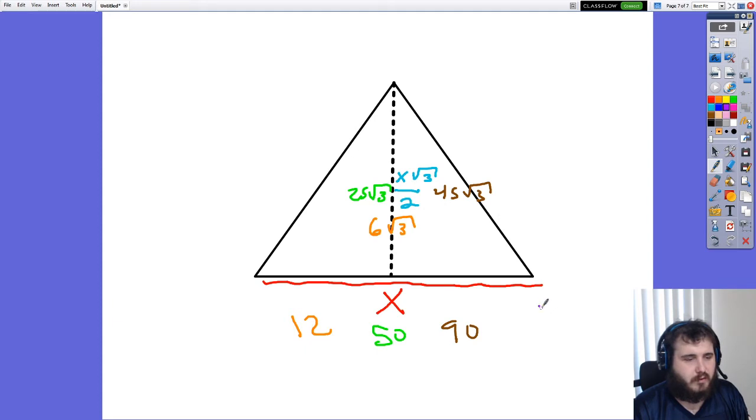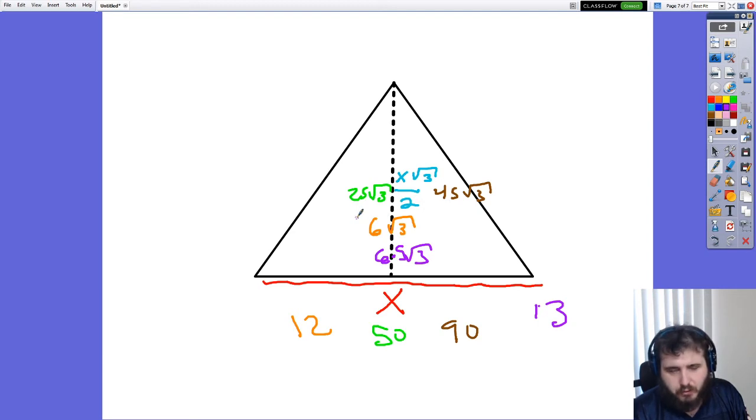If it's like 13, then this is going to be 6.5 radical 3. So just whatever this one is, divide it by 2, put a radical 3 on it, then you're done.